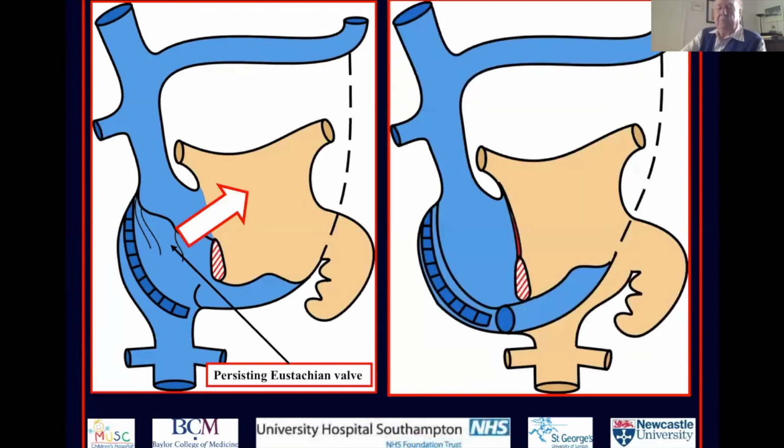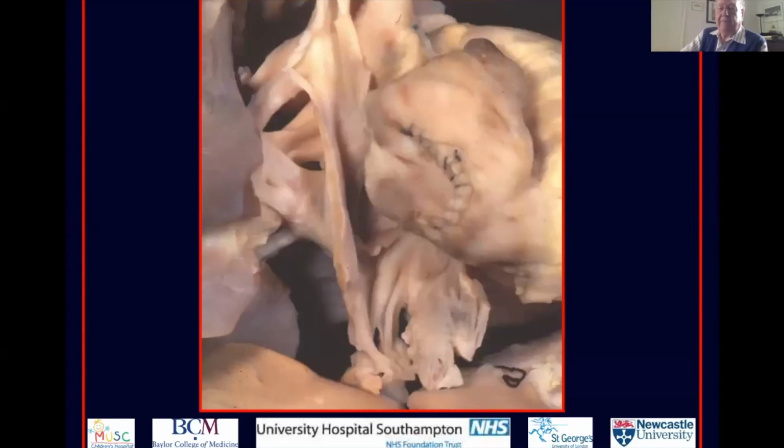But much less frequently, we can have that rare arrangement in the setting of an inferior sinus venosus defect, where with an anomalous pulmonary venous connection, the inferior caval vein can be directly connected to the left atrium. This one is rare.